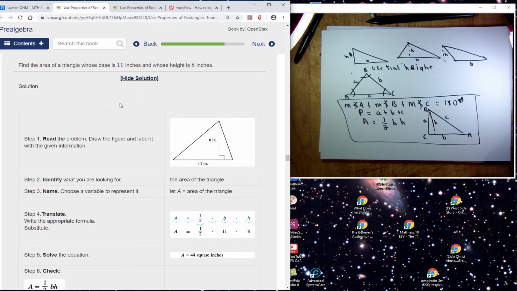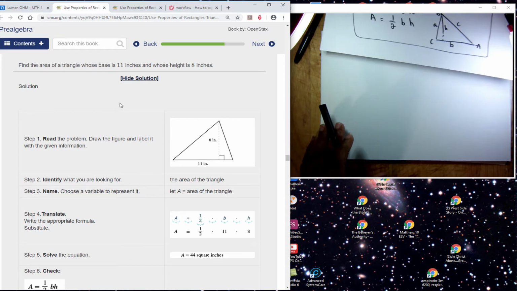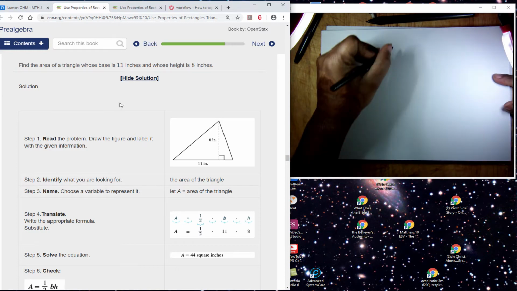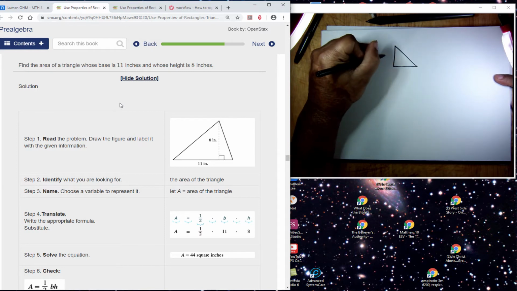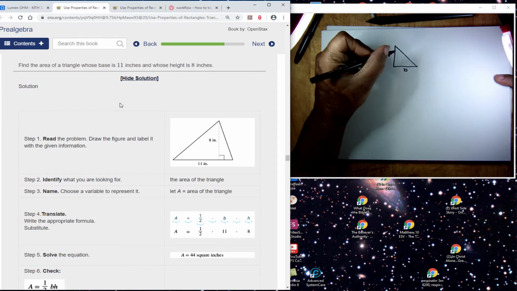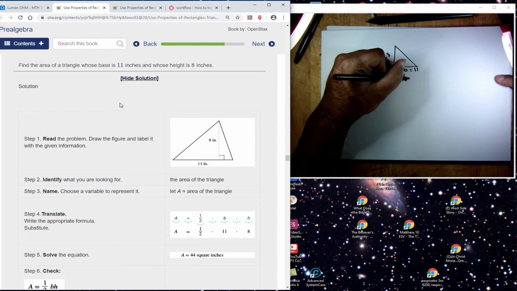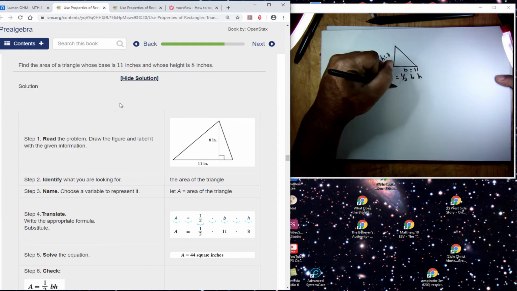Find the area of the triangle whose base is 11 and whose height is 8. So I draw a triangle. I know my height is 8 and my base is 11, and they want the area of the triangle. Area is equal to 1/2 the base times the height.